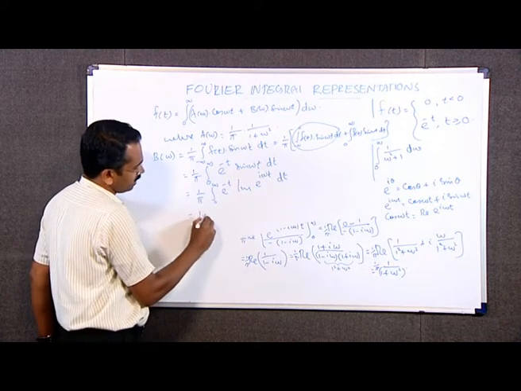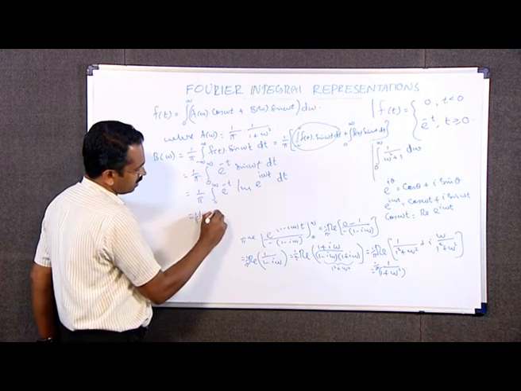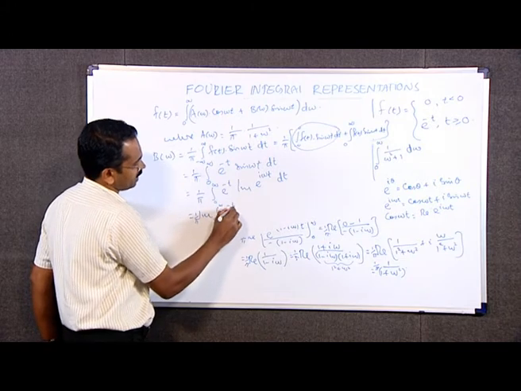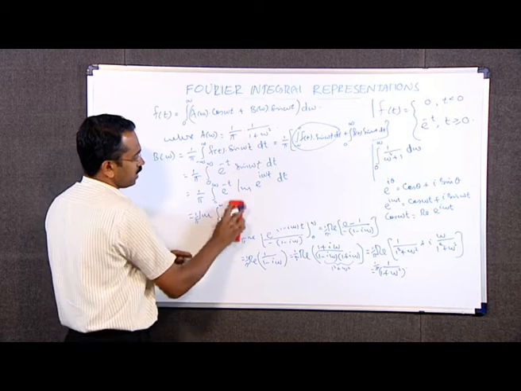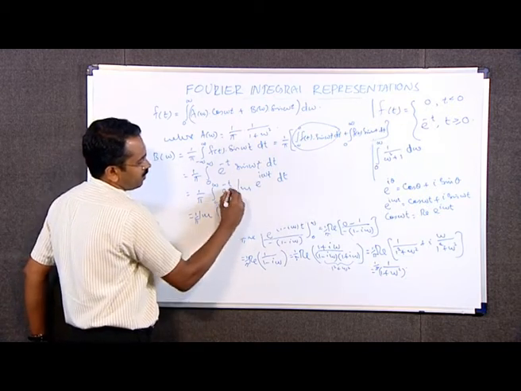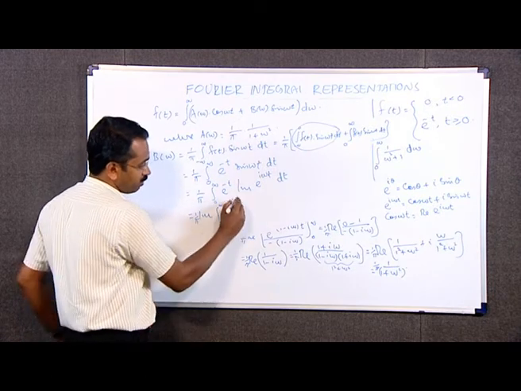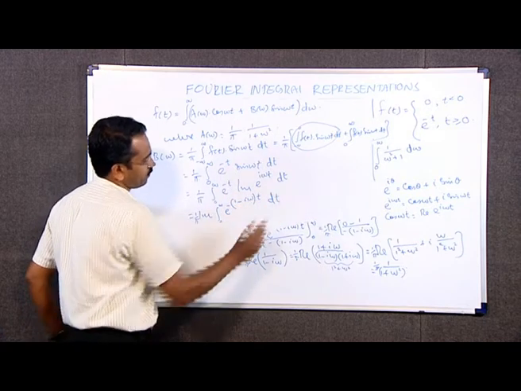That is equal to 1 by pi into imaginary part of integral from 0 to infinity e raised to minus t into e raised to i omega t, means e raised to negative of 1 minus i omega into t dt.